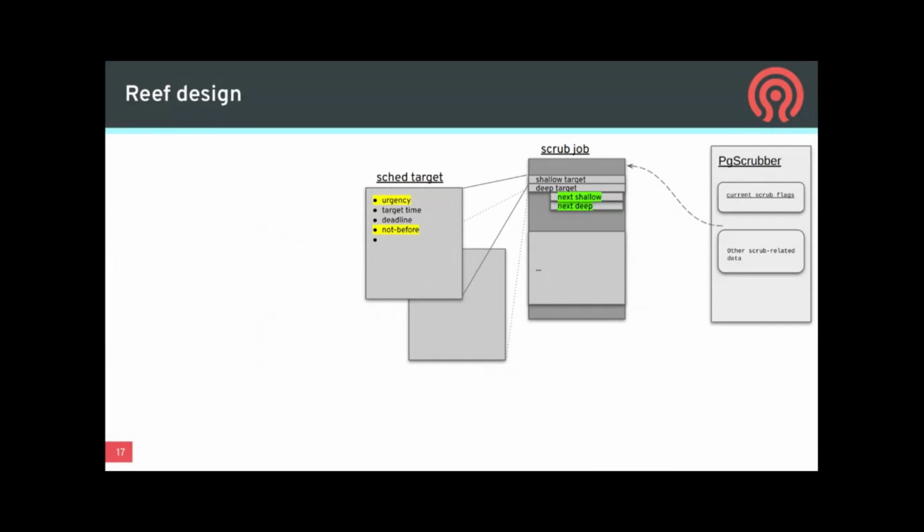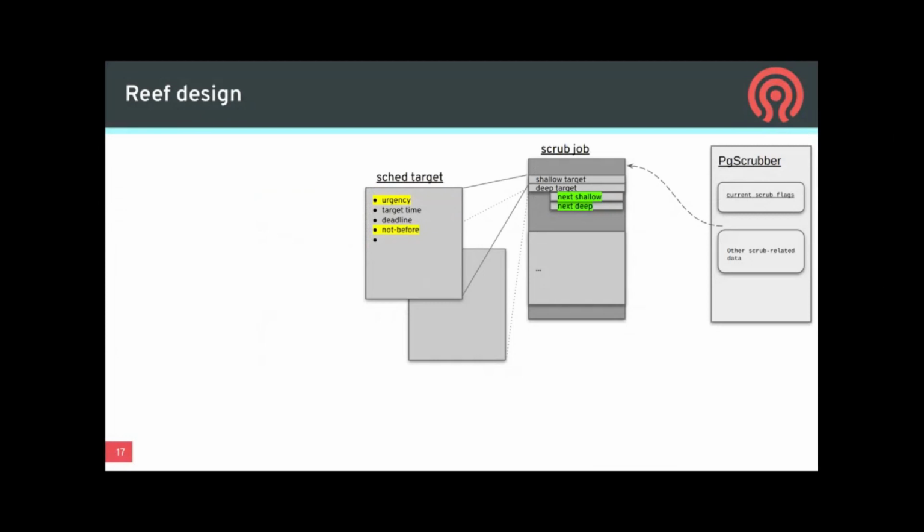But in the only case where we are currently performing a shallow scrub of the specific PG, the modifiable target will be the next shallow. Okay, this is something that you might see in the code. So this is the basic design.